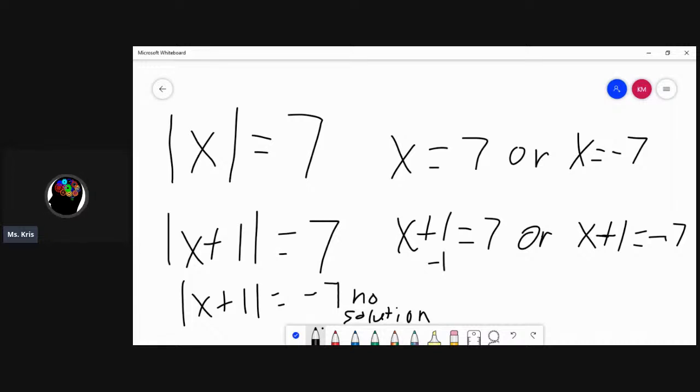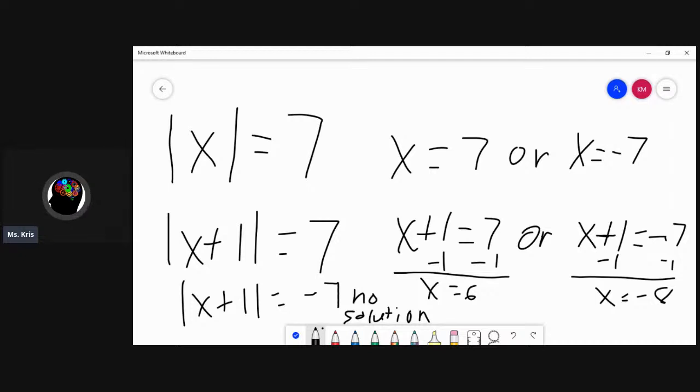And of course, when I solve both of these, I subtract 1 on both sides of my equal sign. And x gives me 6, and x gives me a negative 8.